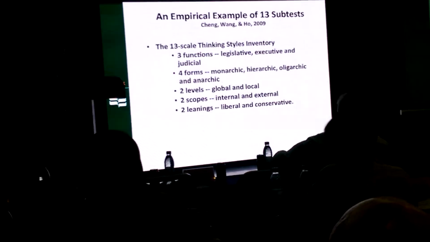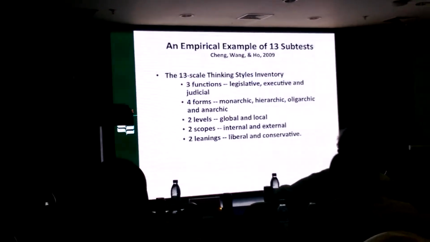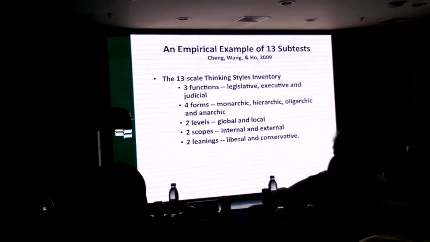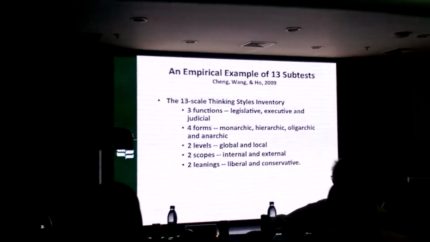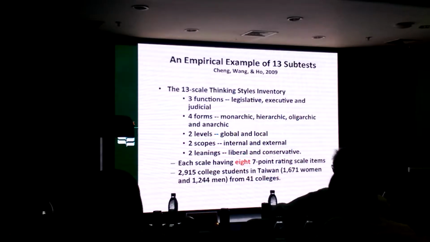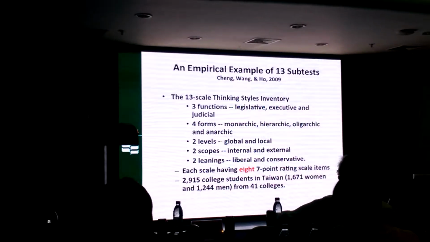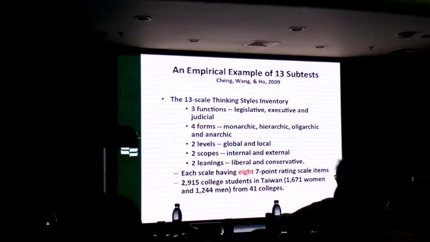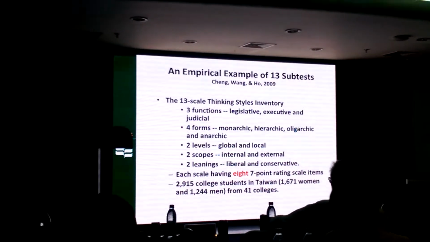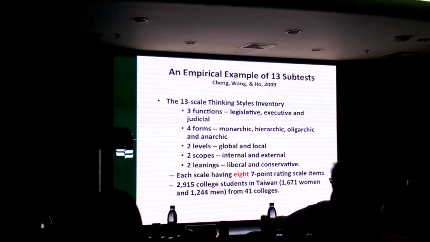So anyway, this is an example where we have a 13-scale thinking style inventory, and each scale has only eight 7-point rating scale items. But we have 13 scales, so you can imagine that these 13 scales are actually highly correlated.